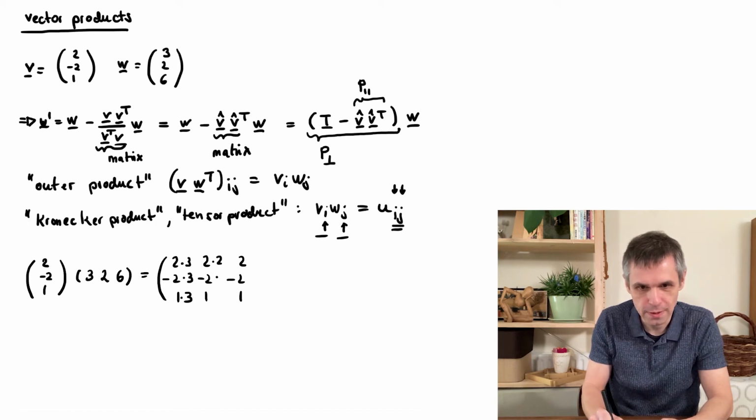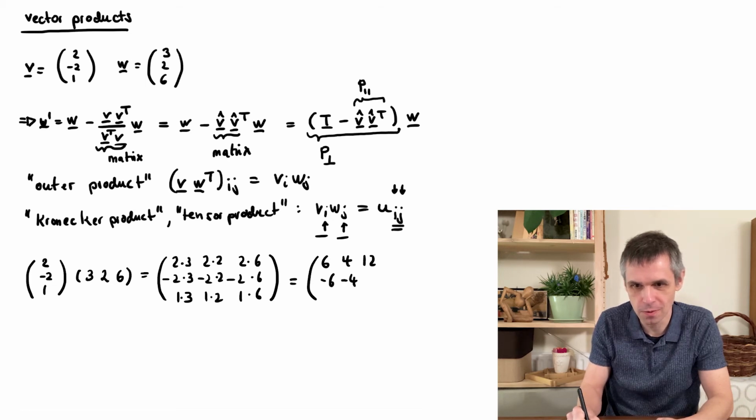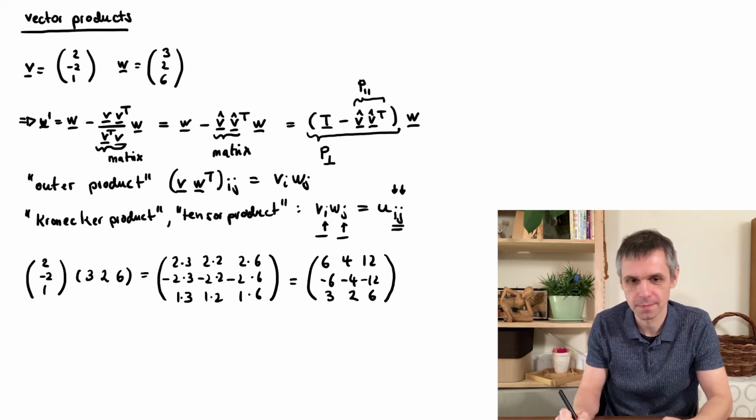And they just really appear basically in the same order as in the vectors. So this gives you a matrix with entries 6, 4, 12, minus 6, minus 4, minus 12, 3, 2, 6.